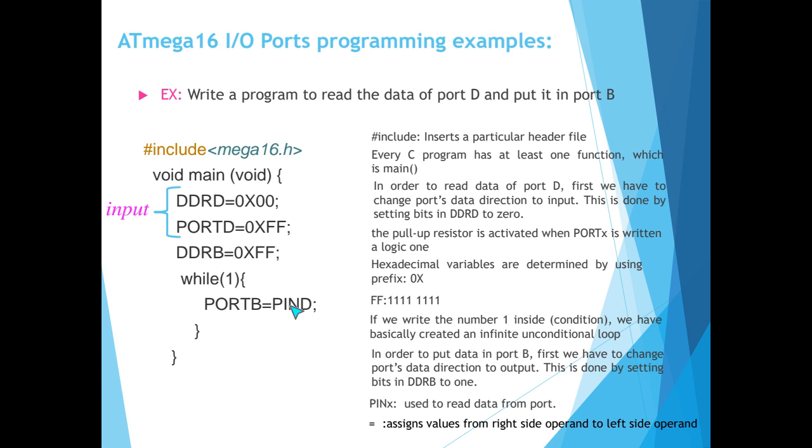And as you see, I directly read the data from port D and put it in port B. We said that the equal sign is the assignment operator, and it assigns values from the right side operand to the left side operand, meaning that after reading data by the pin register from port D, it assigns the values of this data to the left side operand, inside port B, according to what the example wants us to do.